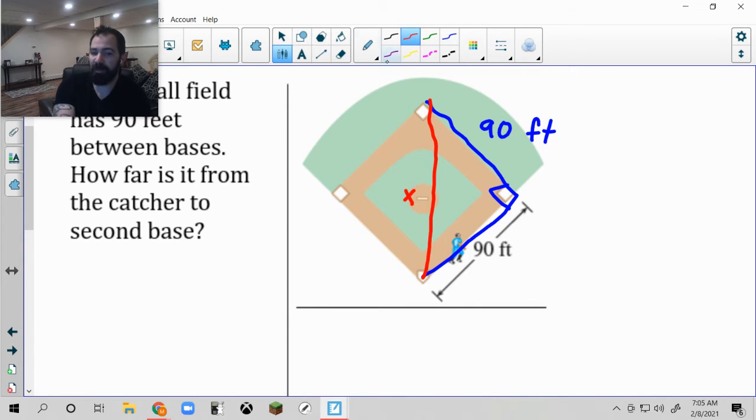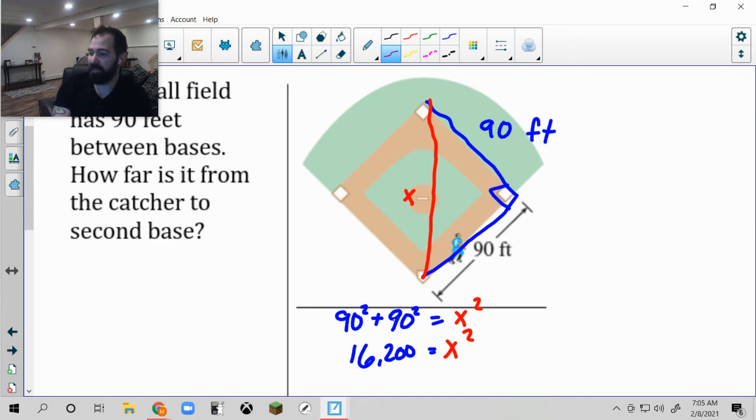If we're missing a hypotenuse, that means we're going to use a squared, 90, plus b squared, 90. And that should equal c squared, which is our unknown. 90 squared plus 90 squared is 16,200, and that equals x squared.